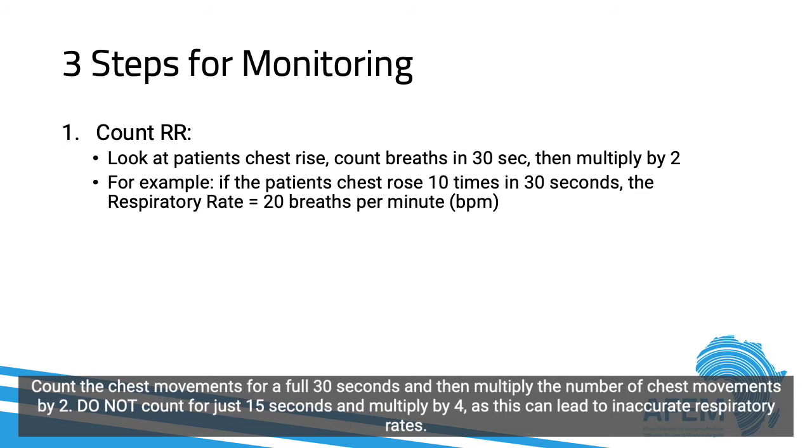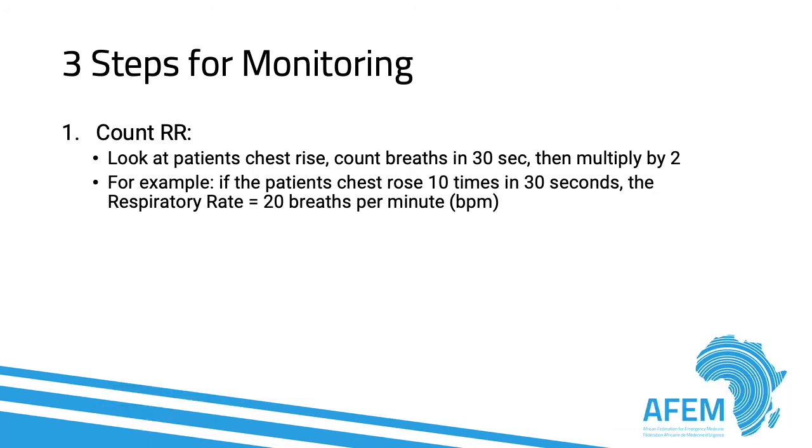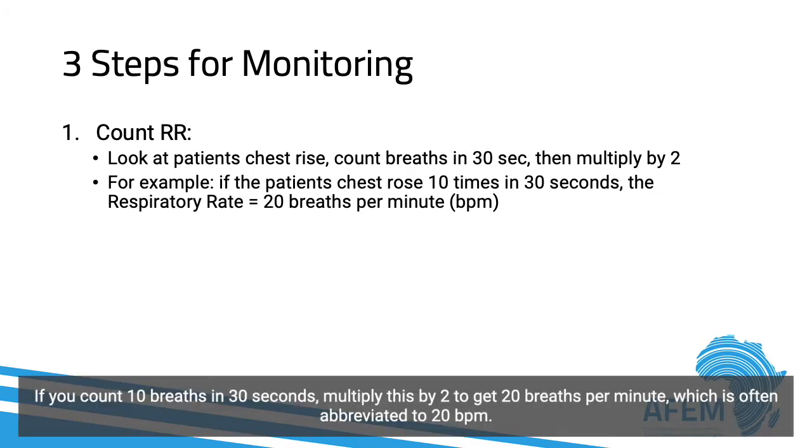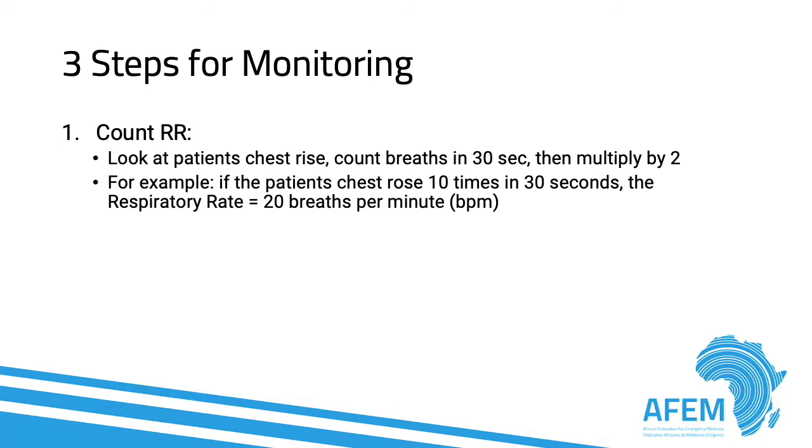Count the chest movements for a full 30 seconds and then multiply this number of chest movements by 2. Do not count for just 15 seconds and multiply by 4, as this can lead to inaccurate respiratory rates. If you count 10 breaths in 30 seconds, multiply this by 2 to get 20 breaths per minute, which is often abbreviated to 20 BPM.